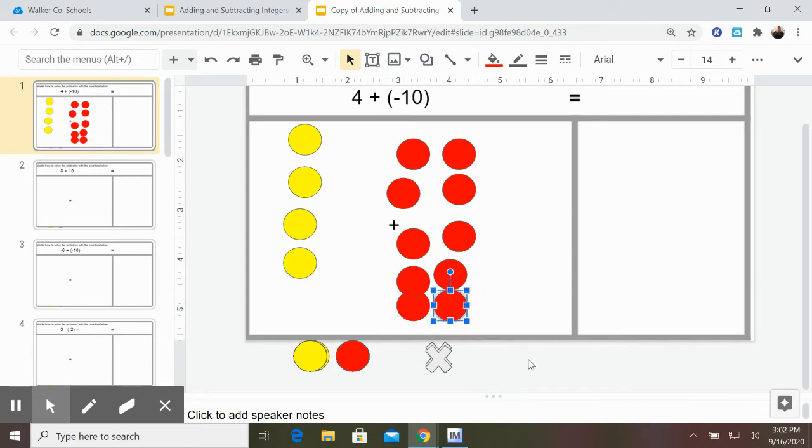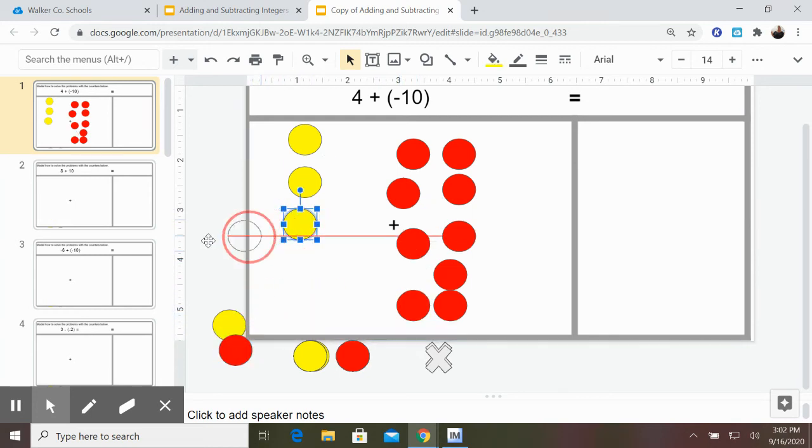I have positive 4 plus negative 10. Now, I checked it, but they're not all the same color, which means I'm going to have to get rid of some by looking for those zero pairs. So I have this yellow and this red, and I'm going to get rid of them over here.